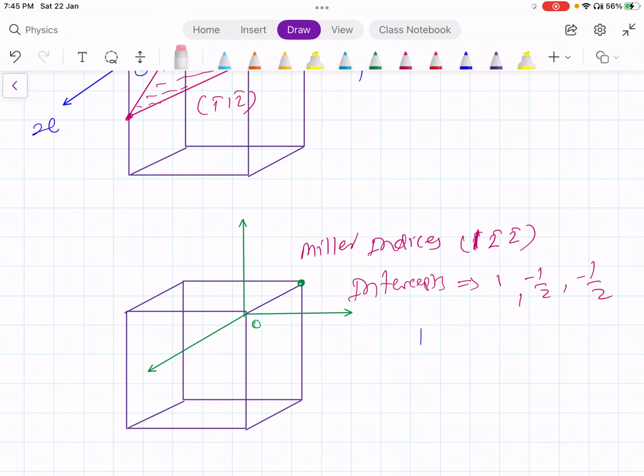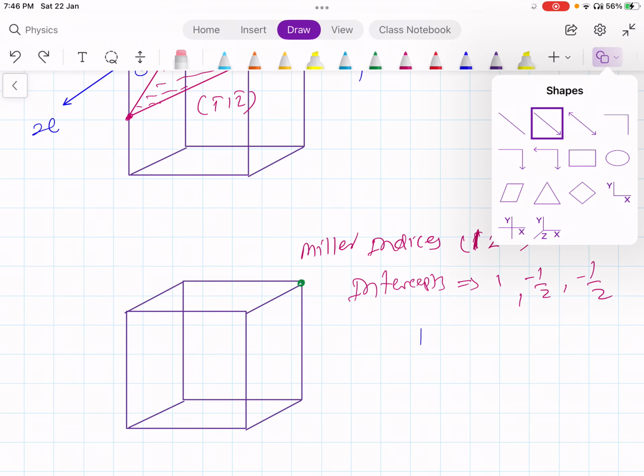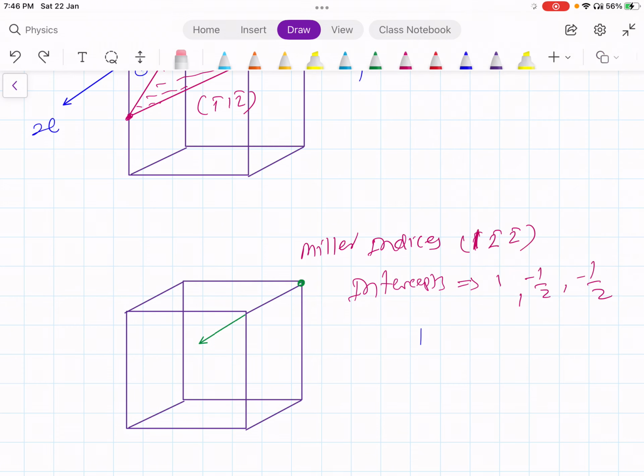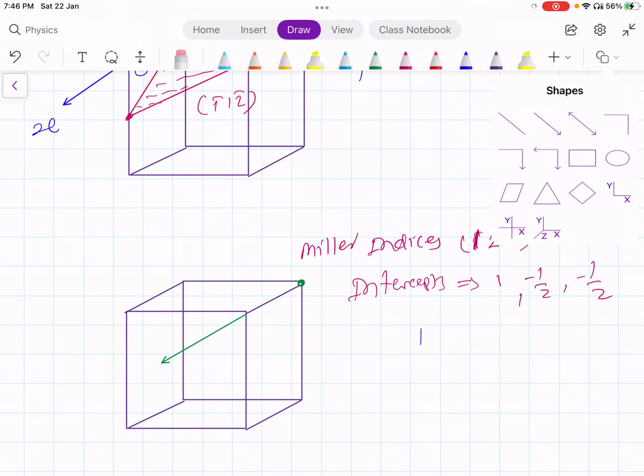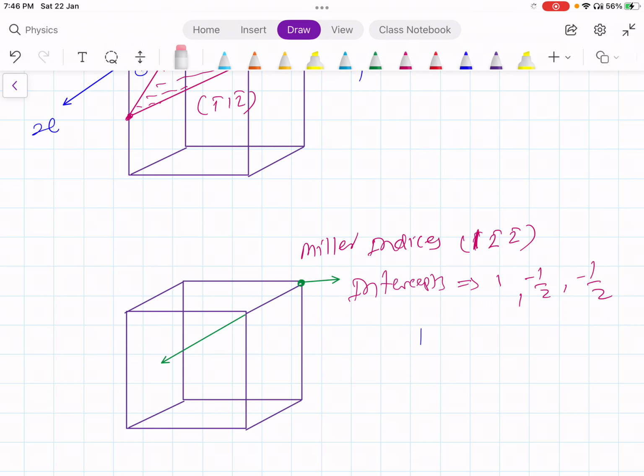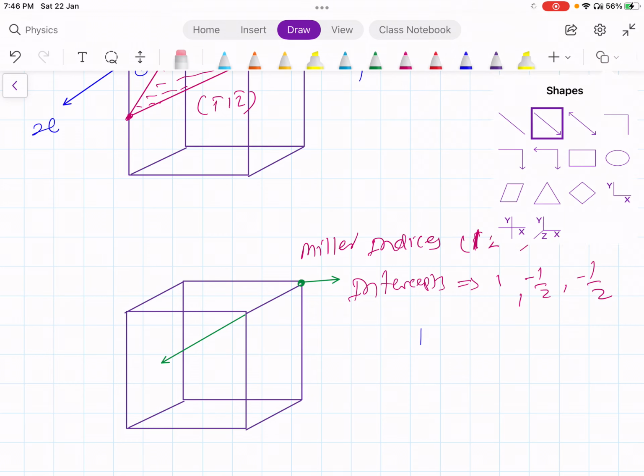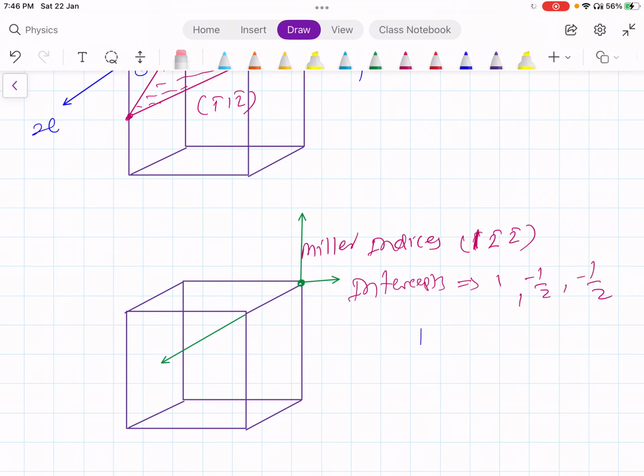That cannot be origin. This is the origin I selected. So this is x-axis, this is y, and this is z-axis.